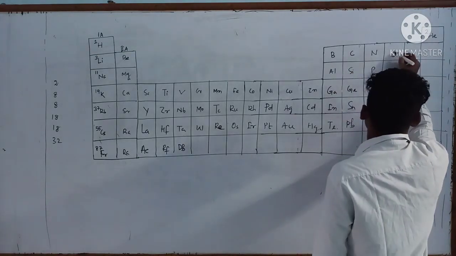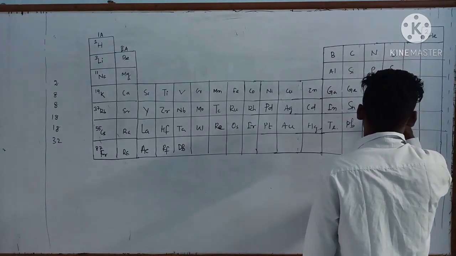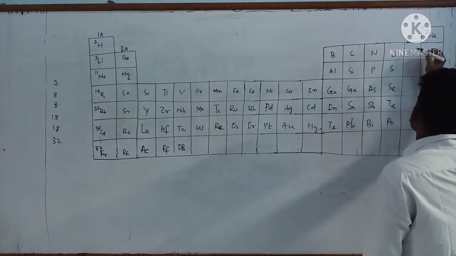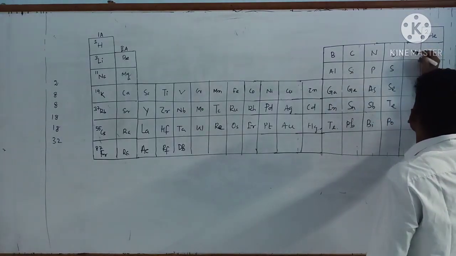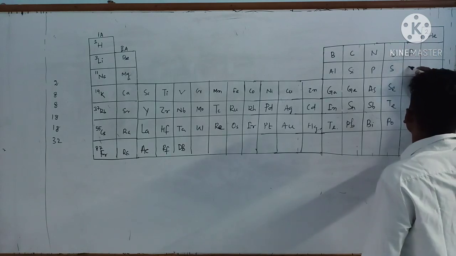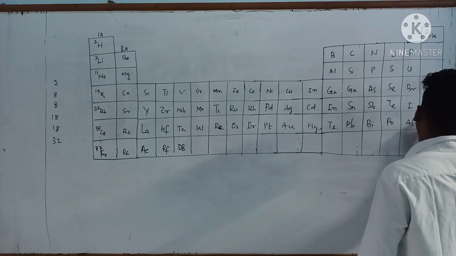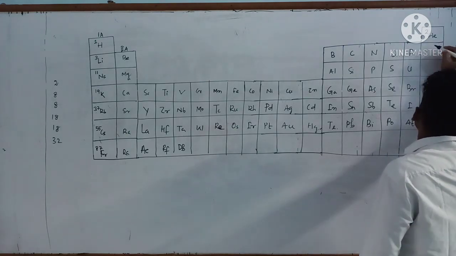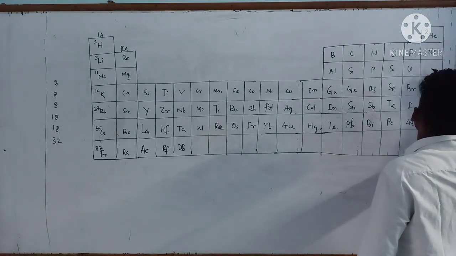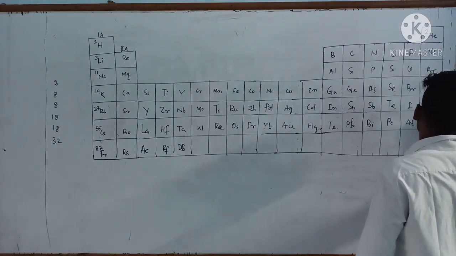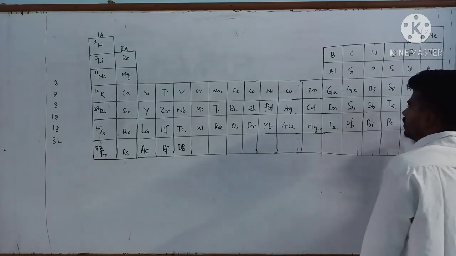Next, polonium. Okay, next bromine, iodine, astatine, and the noble gases neon, argon, krypton, xenon, radon. Clear?